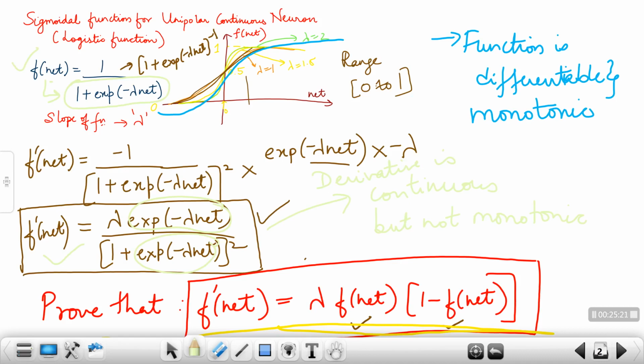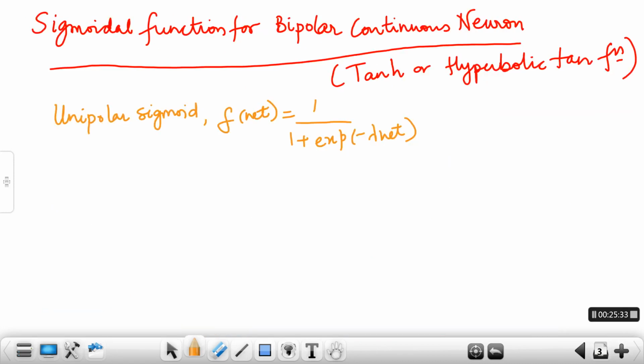So we'll go to the next one, that is the second type of function, the sigmoidal function for bipolar continuous neuron. We have seen the unipolar continuous function. Now we see the bipolar continuous function.